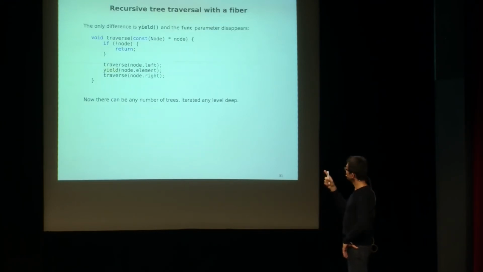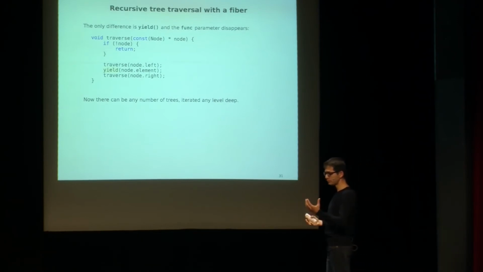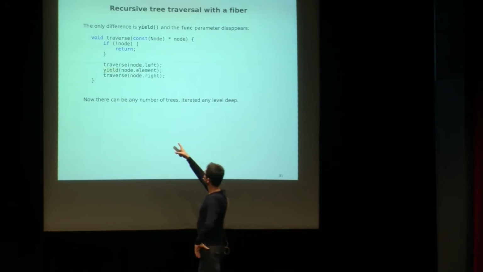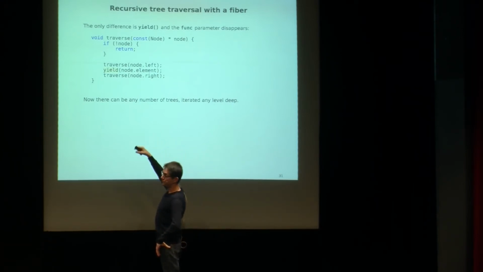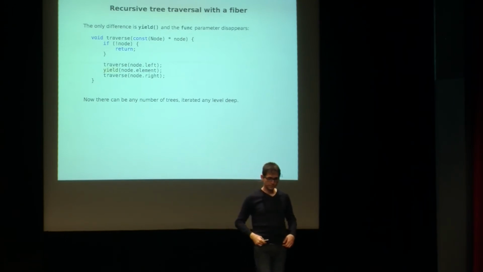So here's going back to the same fringe problem. What if I want to iterate 2 trees at the same time, or traverse 2 trees? It's extremely simple. Instead of passing the node element to a provided function, I'm just yielding a node element from this fiber.